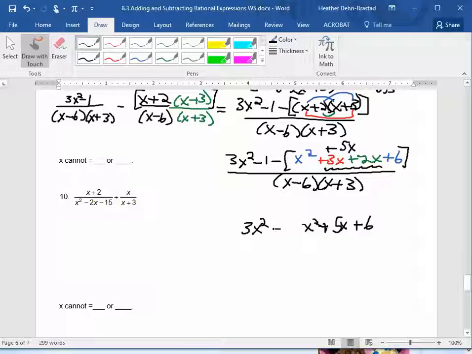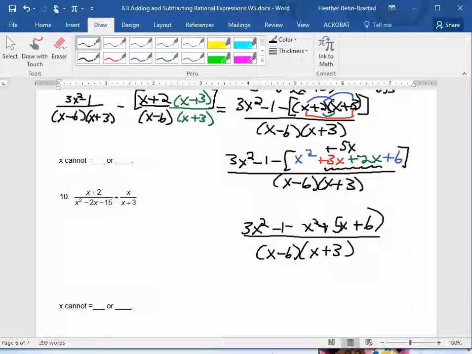All right, so now I'm going to put back what I had. I had 3x² - 1 minus everything that we just simplified that to. Now, if you want, you can distribute a -1 through everywhere: -1 times x², -1 times 5x, and -1 times 6.